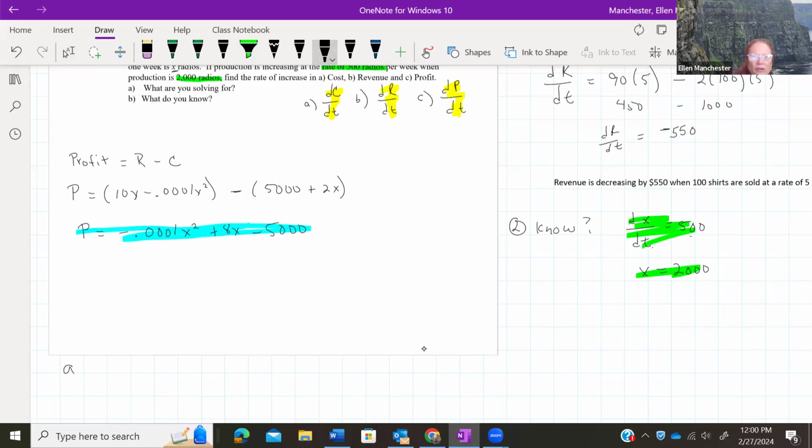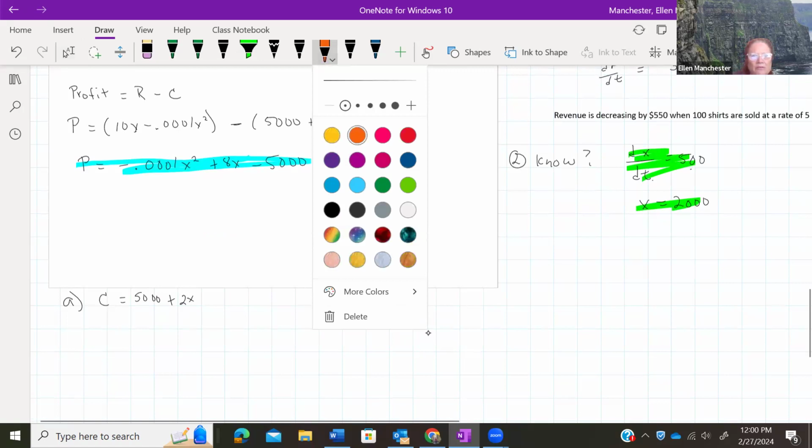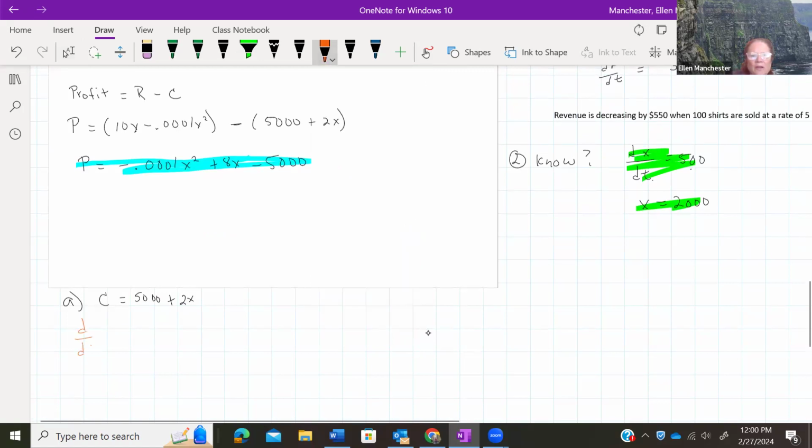So let's do it one at a time. Our cost was 5,000 plus 2x. Okay, so here we go. We're just going to do them one at a time. The derivative of C in terms of time.